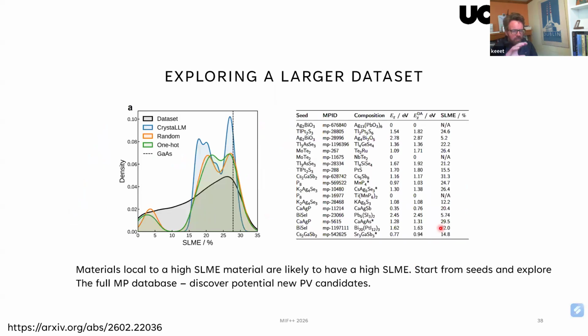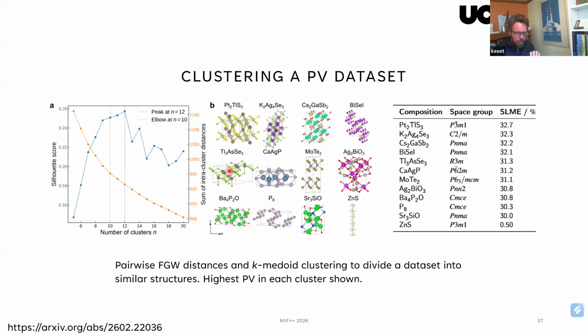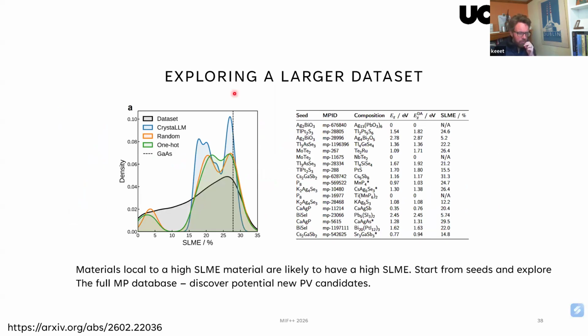But then he's also used that to go and explore a larger data set. So first of all, if you take these seed structures, these 12 seed structures, and you then try and look at the materials close to them using the FGW distance, do you shift to higher efficiencies?